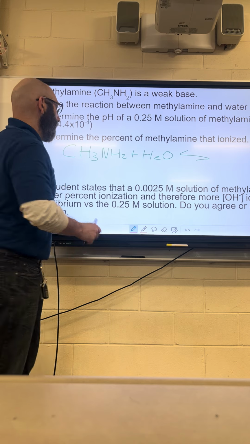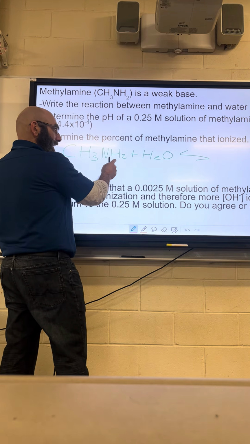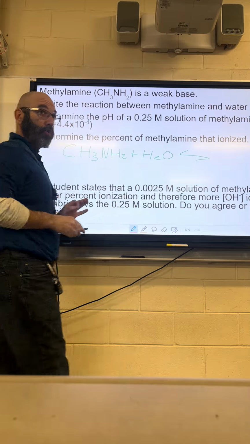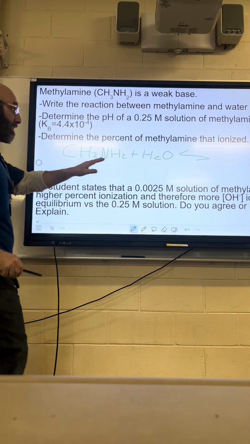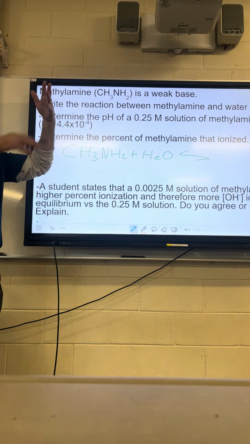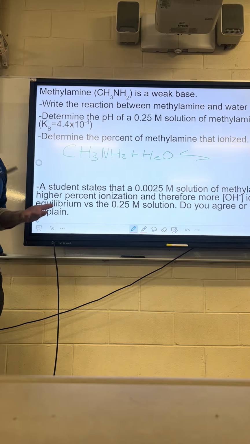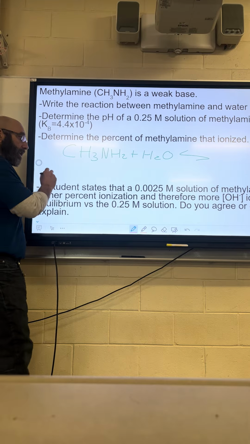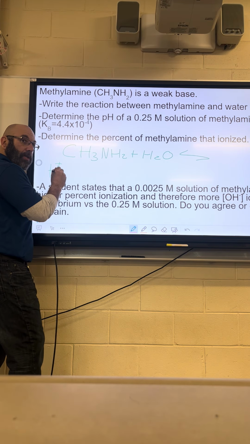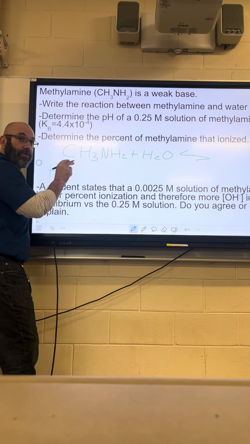So think about, if this methylamine gains a proton, what its new formula and charge would be. And if this thing loses a proton, think about what H2O's new formula and charge would be. Remember, guys, a proton is basically just H plus. It's an H plus that moves. Right?